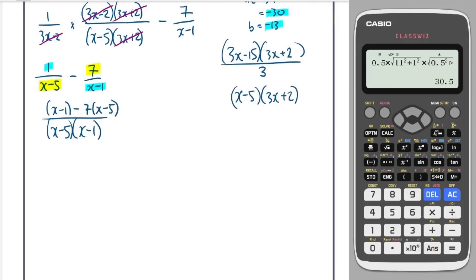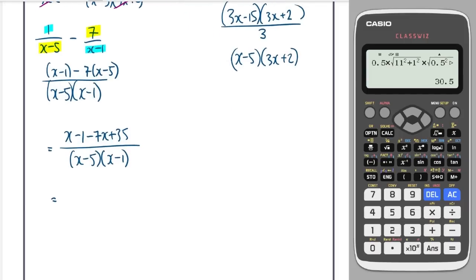Okay, great, we're ready to multiply out. The top line needs to be simplified, sorry, we won't multiply out the bottom line. I've got x minus 1 minus 7x and plus 35. Okay, and then this simplifies to x minus 7x is minus 6x, and minus 1 plus 35 is plus 34.